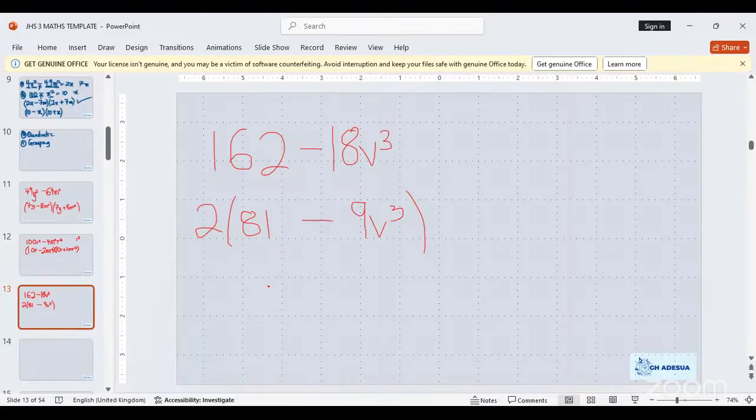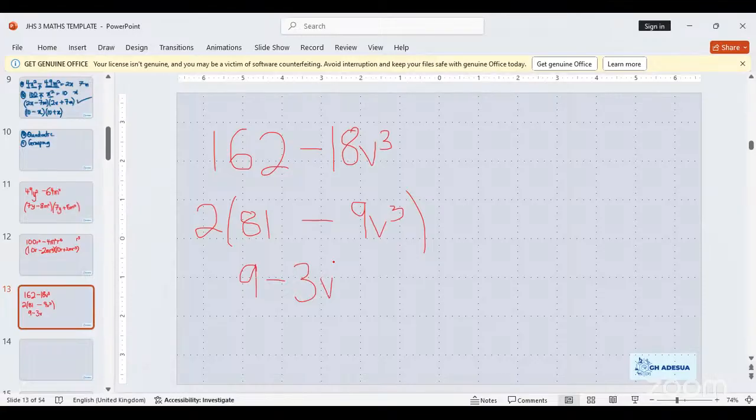So the square root of 81 is 9. 9 minus... 3. Square root of 9 is 3. Yes. And then 1 over 5. Why 1 over 5?